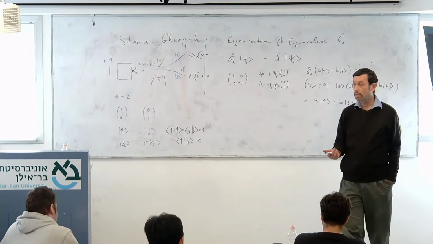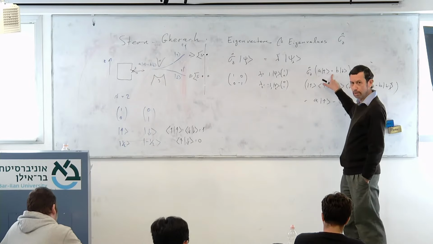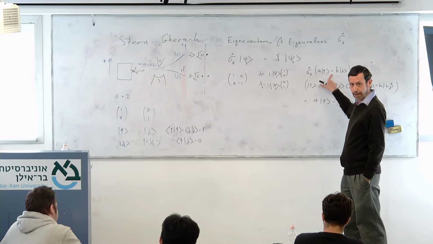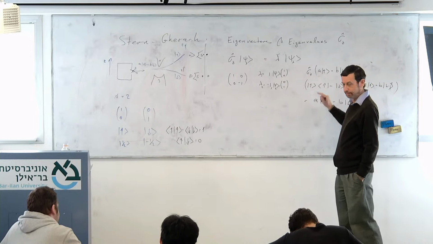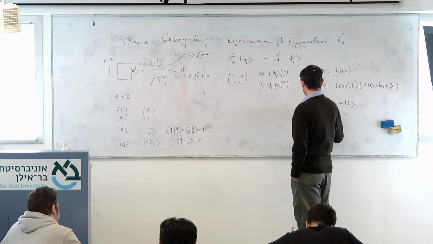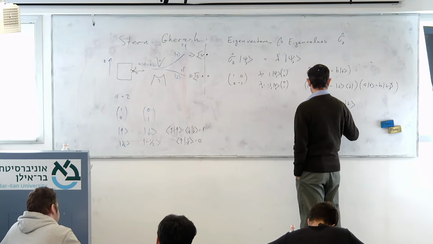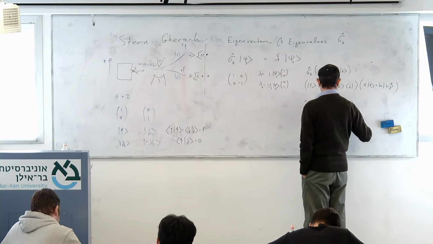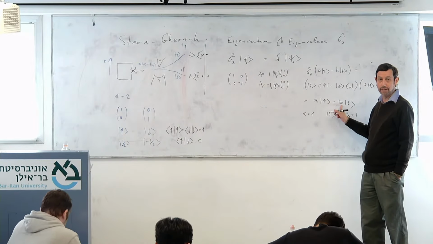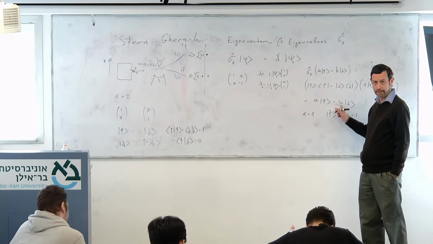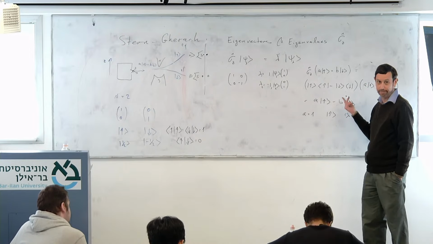So we see the only way that this will be equal is if either A equals 1, so it's this guy with lambda equal 1, or if B is equal to 1, A equals 0, and the eigenvector is down with lambda equal minus 1.